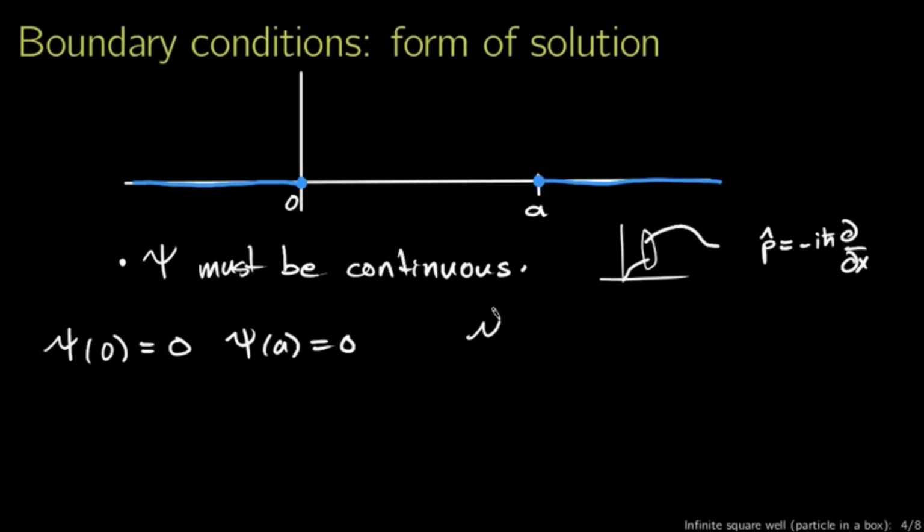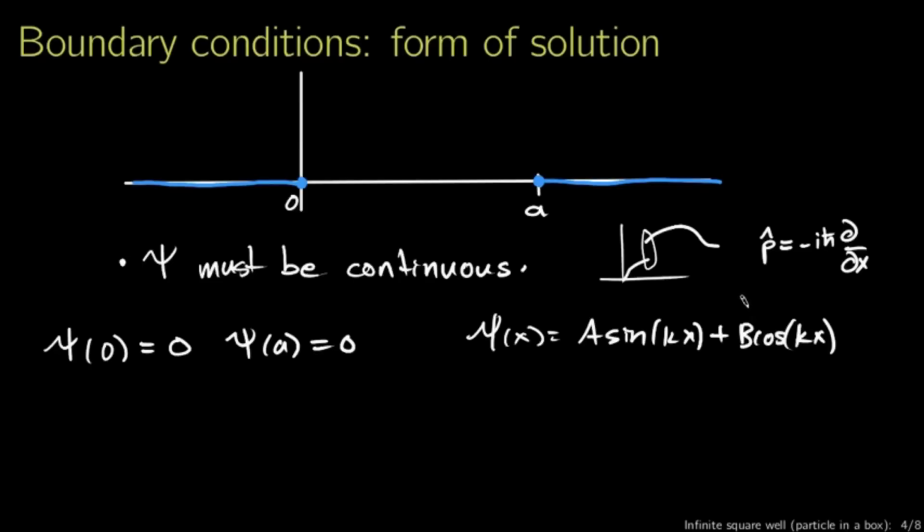What does that mean for our hypothetical solution, psi of x equals A sine kx plus B cosine kx? Well, first of all, consider this one. The wave function at 0 equals 0. When I plug 0 into this, the sine of k times 0 is 0, but the cosine of 0 is 1.